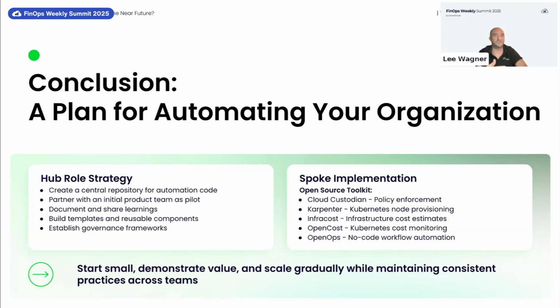You document your learnings with that team, build reusable components, establish clear frameworks, and then you can start building this out across multiple teams once the pilot is successful. You can start with a number of open source tools that are available today, things like Cloud Custodian for policy enforcement, or Infracost. But the key, and I think others have mentioned it, is to start small, demonstrate value, and then scale gradually.